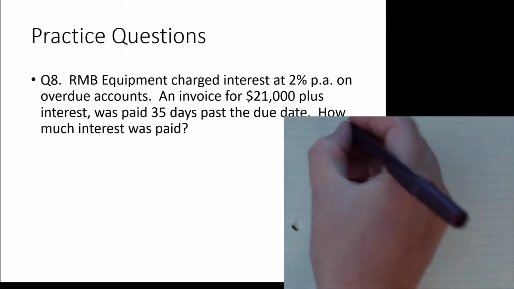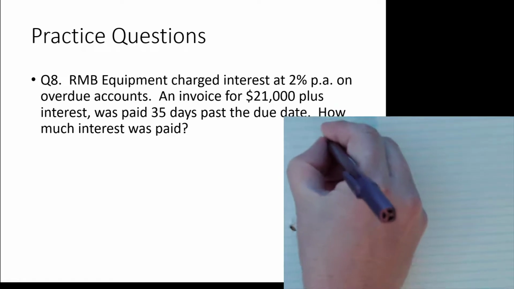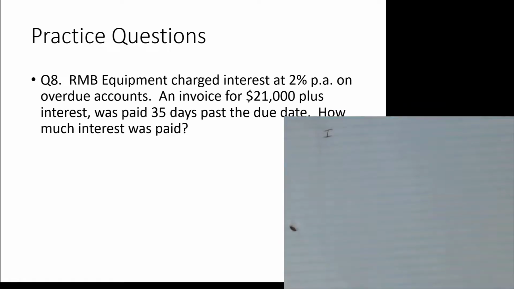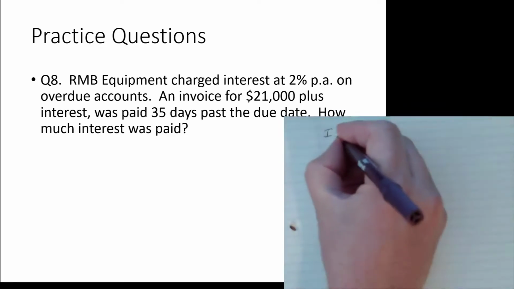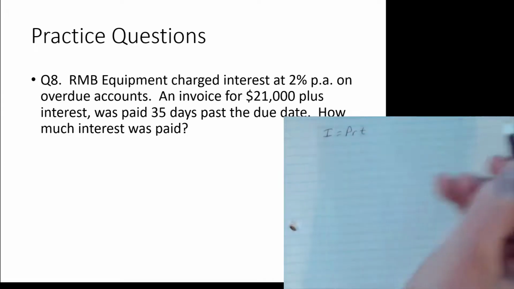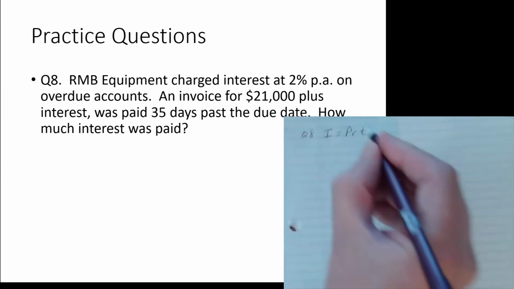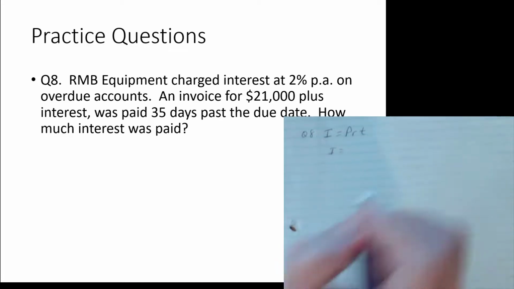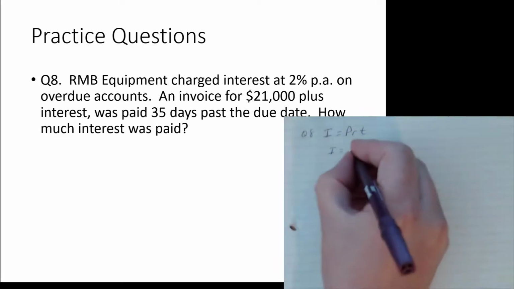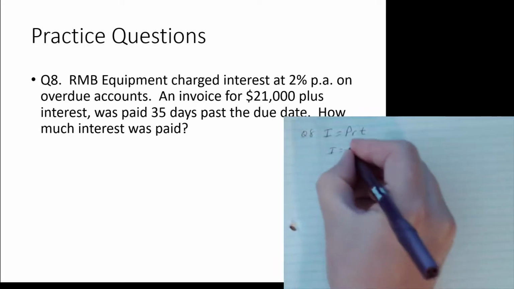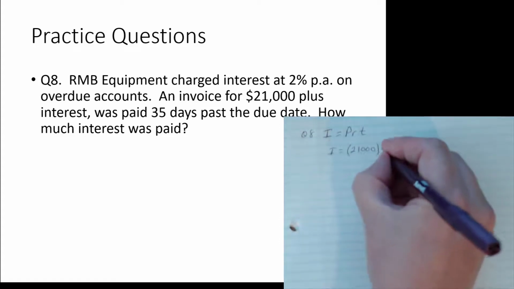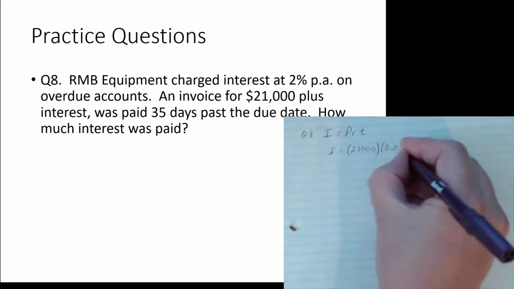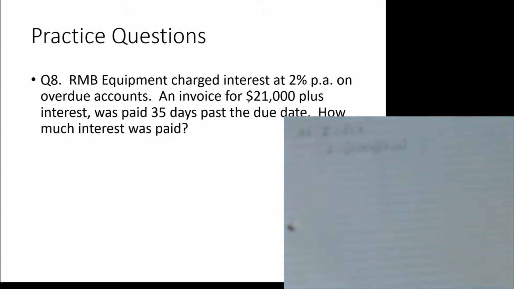interest was paid. We really right now only have one formula for how much interest was paid, and that's the I formula. So it's I equals to PRT. Okay, so we have I. How much was loaned? $21,000. The rate of interest is 2%. We express that in decimal form because we're using it in a formula.